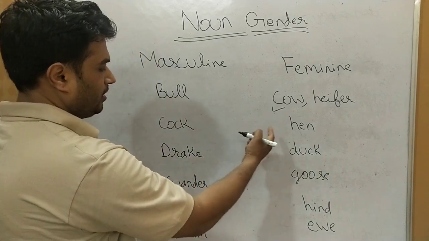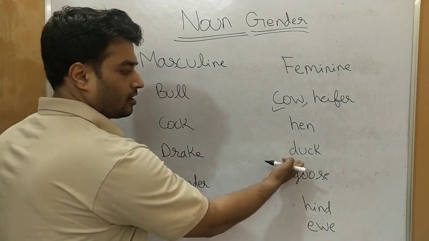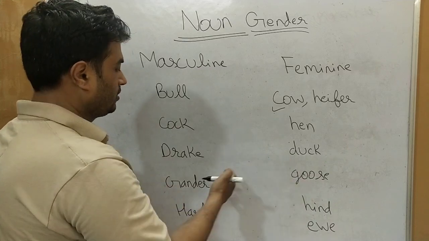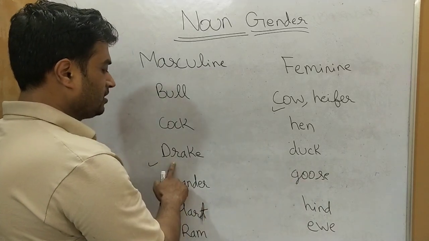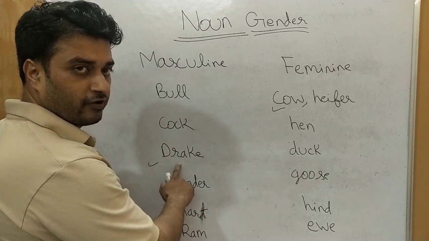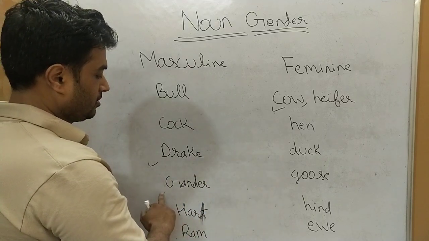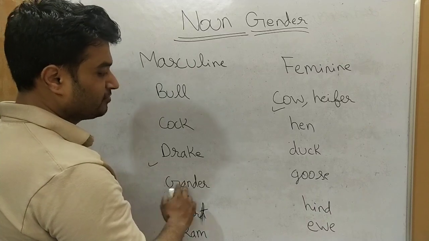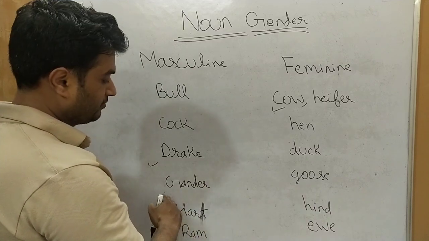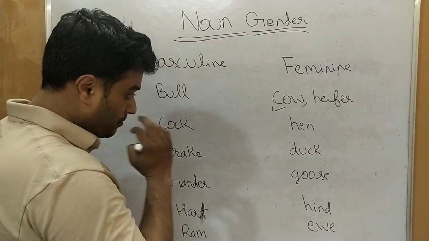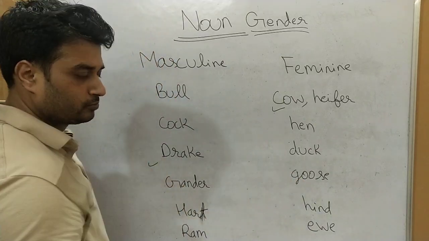Cock, hen. Drake, duck is a water bird, and its male is called drake. A drake is the male duck. Gander, a gander is the male goose. Goose is also a water bird.